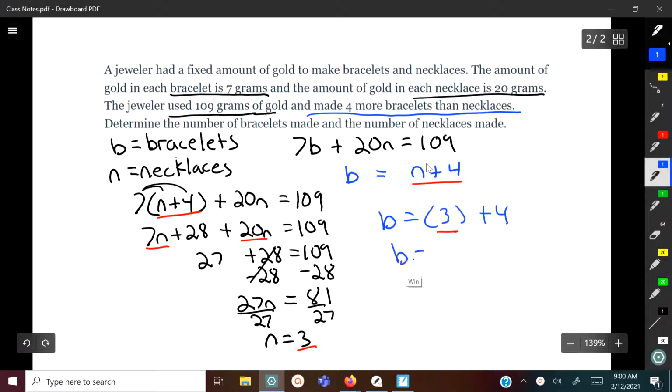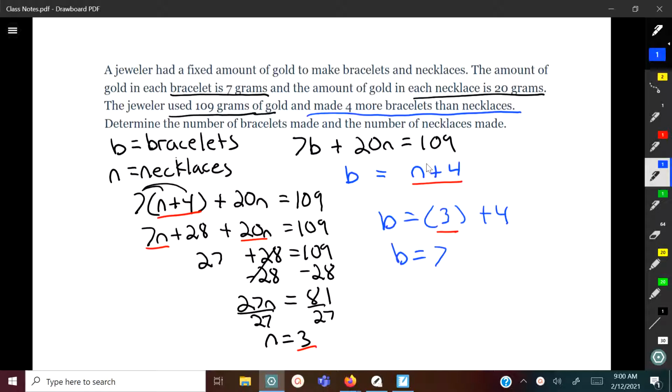And B is equal to 7. Alright. So that's how that's done. That's how you solve some system of equations in context in a word problem.